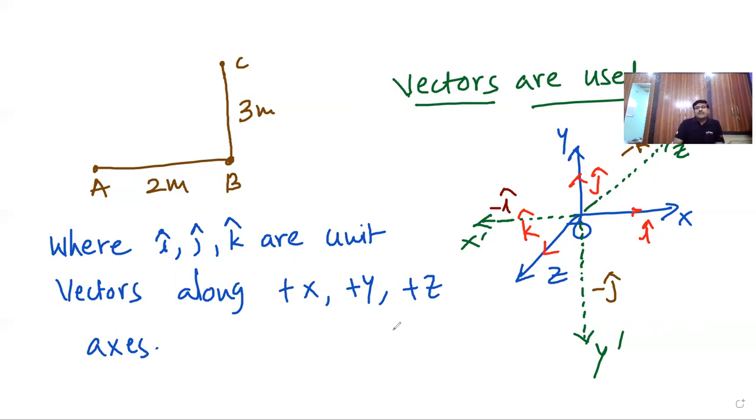Clear? For the negative side, minus i cap, minus j cap, minus k cap.